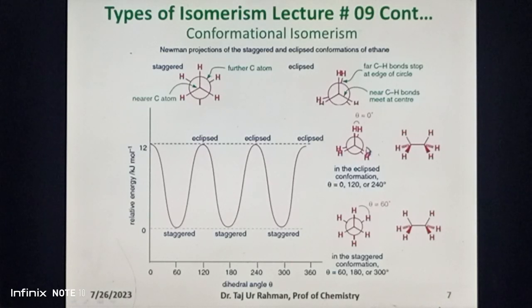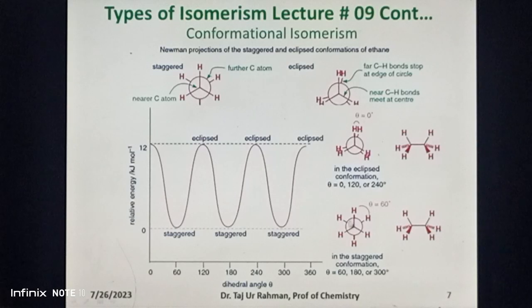In eclipsed form, all the carbon-hydrogen bonds on both the front and rear carbons are parallel and close to each other and thus repel each other. Here we can say that steric strain is maximum. Now we are going to rotate the carbon-hydrogen bonds on the front carbon with respect to the carbon-hydrogen bonds on the rear carbon of this eclipsed conformation at an angle of 60 degrees.